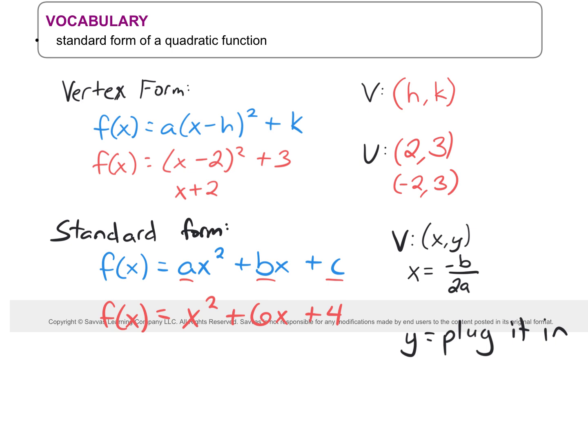Quick review from yesterday. I'm going to guess a random one. If I had vertex form, f of x equals 2 times x plus 3 squared minus 7. Let's talk about key features. First thing we wanted to find yesterday was the vertex. Again, vertex, we get it from what?